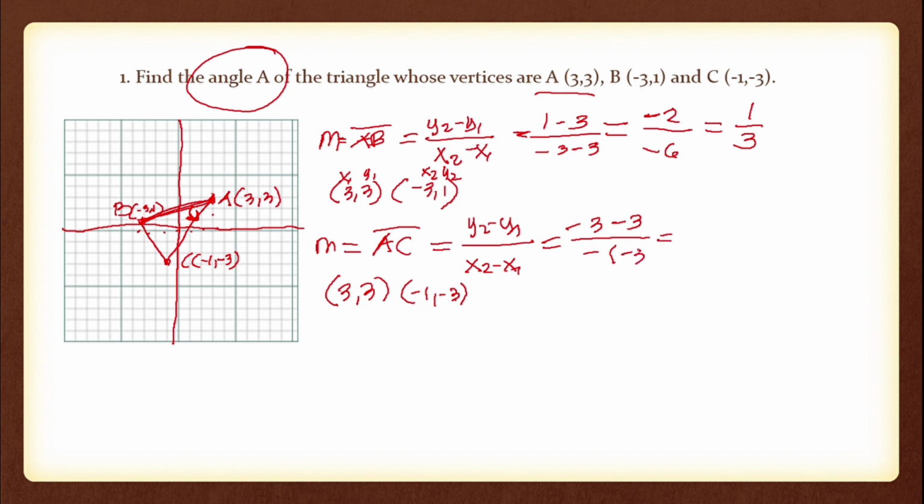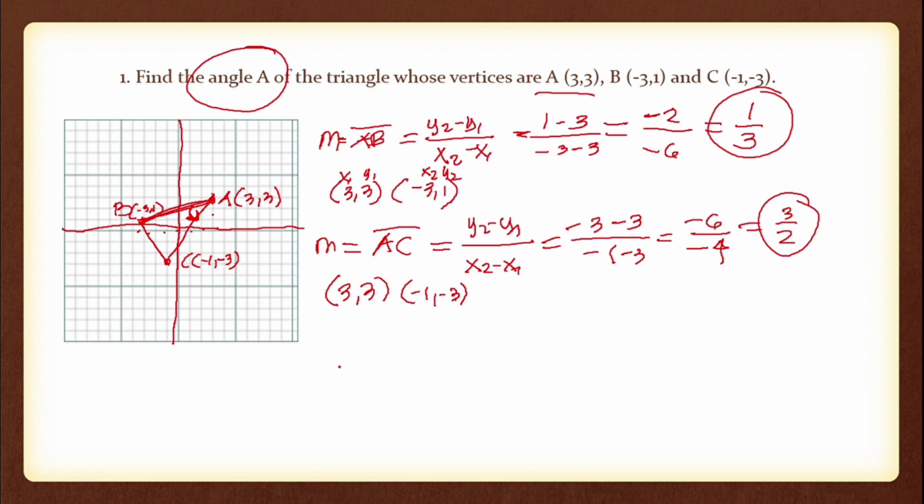So we have -6 over -4, so you have here 3 over 2. So the slopes are 1/3 and 3/2.